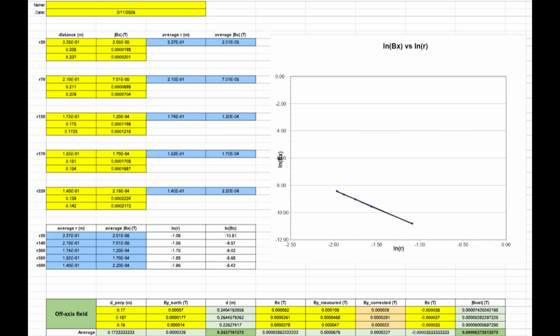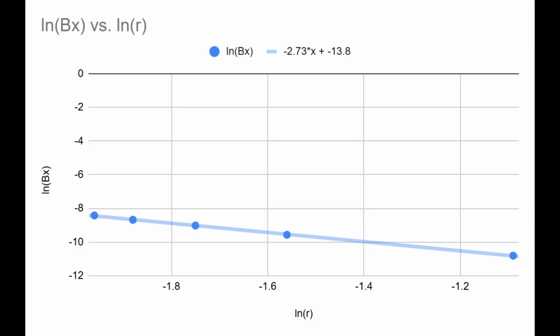Here are the results of the experiment, our observations. And here is the graph of the natural log of the distance to the natural log of the x value of the magnetic field.